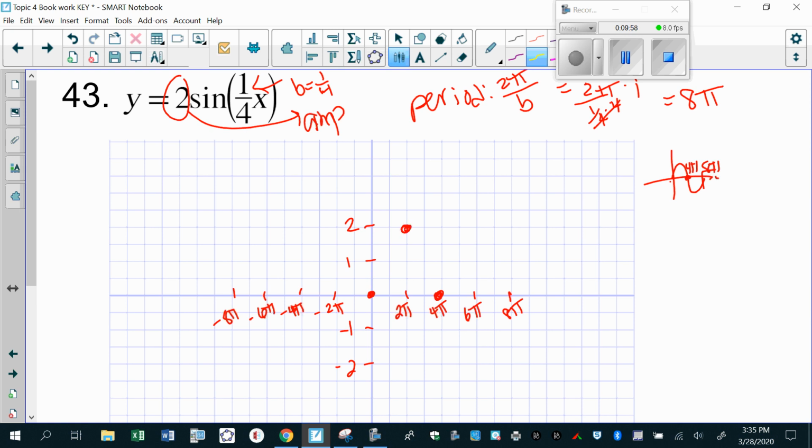Amplitude's 2, so we're going to go max, minimum, bam. There's my graph. Obviously, we can go back as well, as long as I don't mess this up.